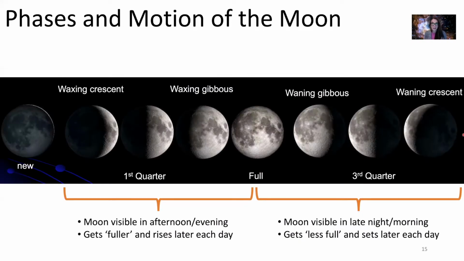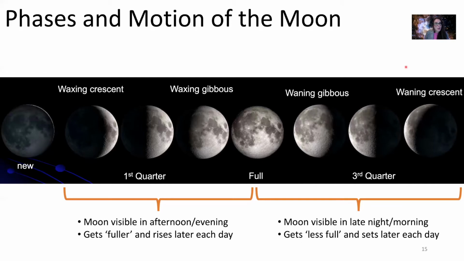Here again, we have our lunar phase cycle, and different phases of the moon appear in the sky at different times of day. So you've probably realized that too, that sometimes the moon appears in the sky at night, sometimes it appears in the sky during the daytime.